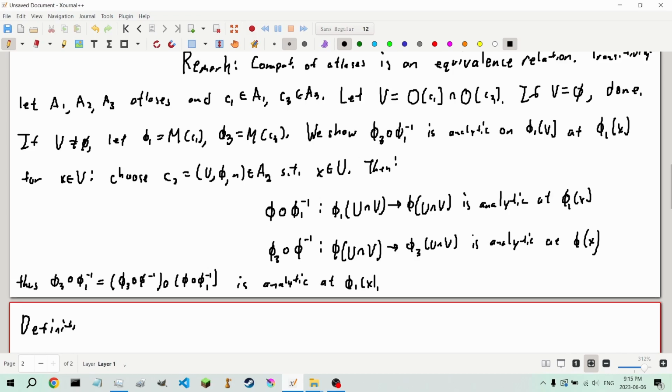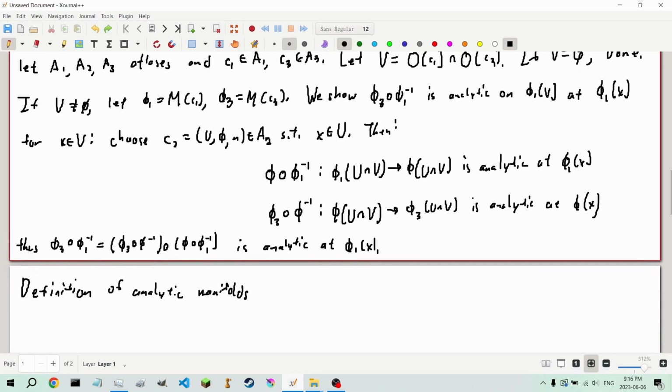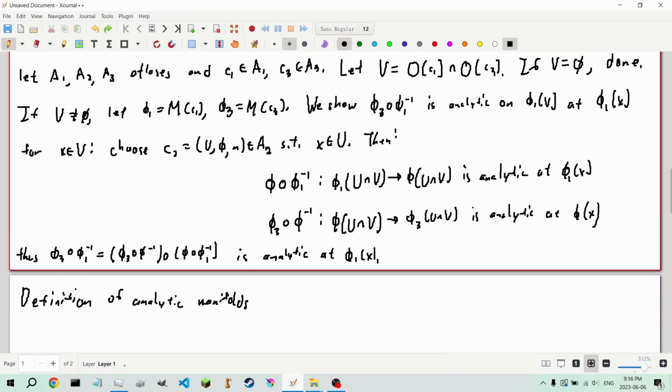So start with the definition, the next section on analytic manifolds. So we're going to let X, of course, be a topological space.